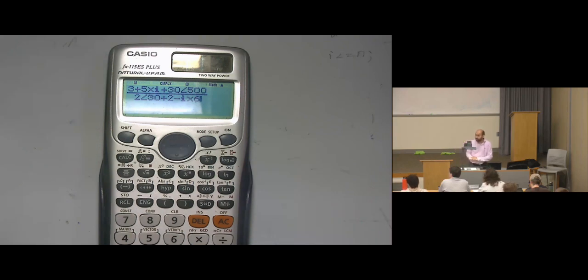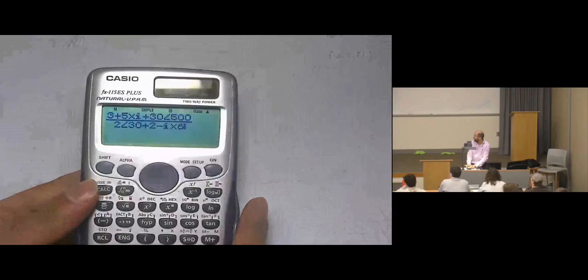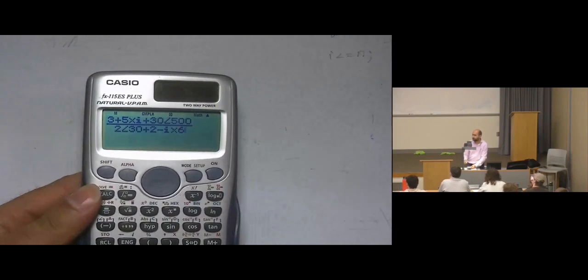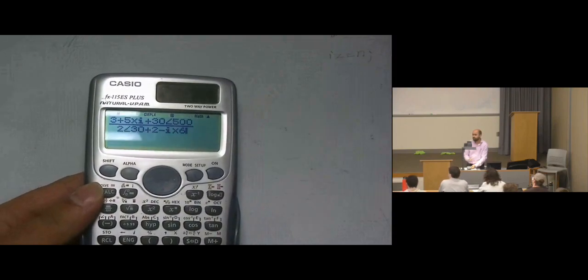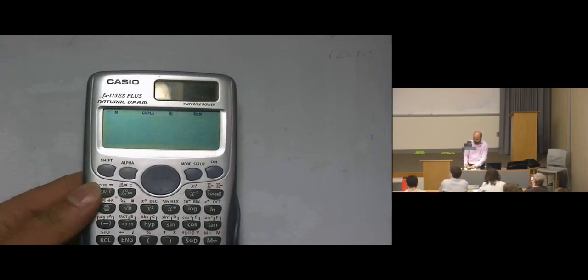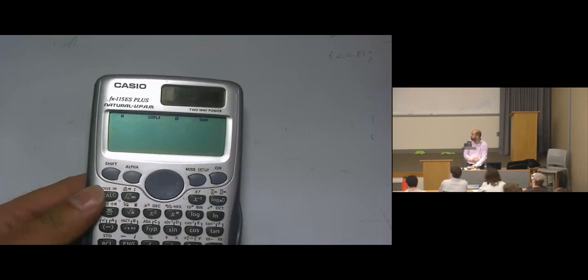The good thing about the calculator, we mentioned about the arithmetic analysis. In order to have multiplication and division, we need to convert everything to polar. But here, we don't need to do anything. Just enter the number as is and put the equal sign. The calculator will do the job.